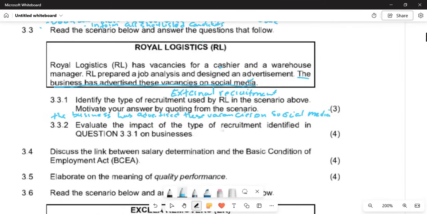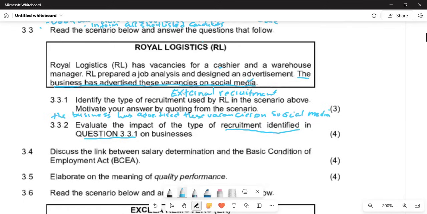Question 3.3.2: Evaluate the impact of the type of recruitment identified in question 3.3.1, which is the impact of external recruitment. Do not award marks for the motivation if the method of recruitment was incorrectly identified.